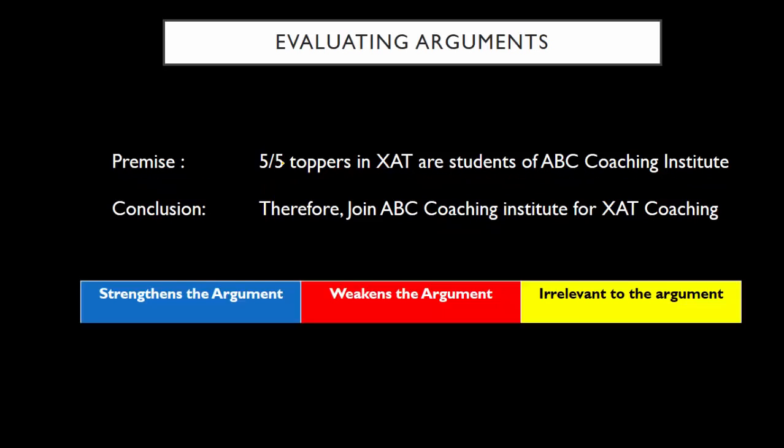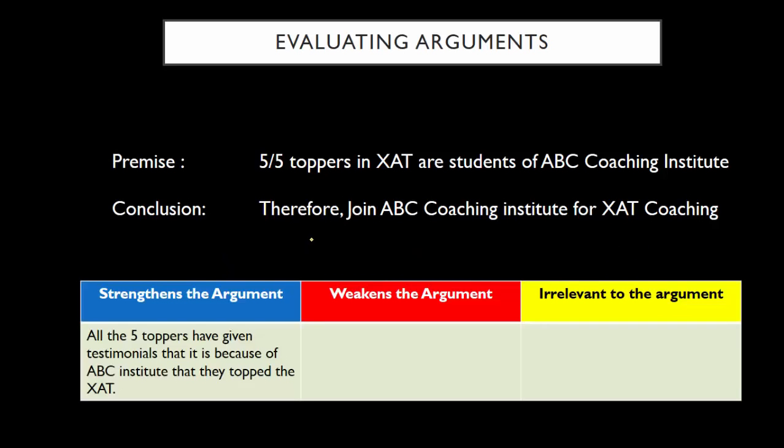Now, let's understand new evidence or new information. It can either strengthen the argument, weaken the argument, or be irrelevant to the argument. Let's take, for example, this information. All the five toppers have given testimonials that it is because of ABC Institute that they topped the XAT. If this information is true, that provides strength to the whole argument.